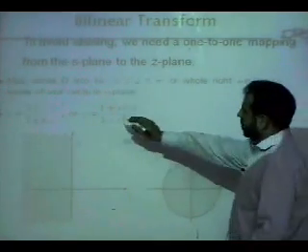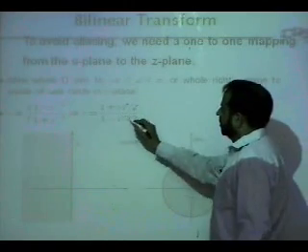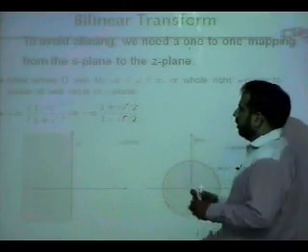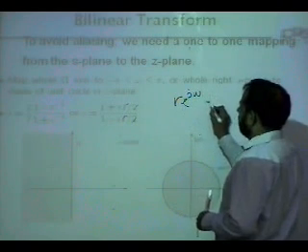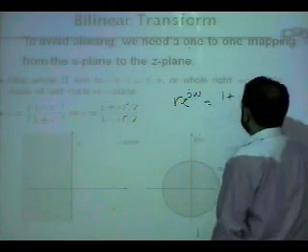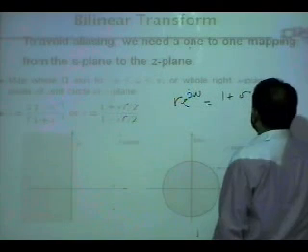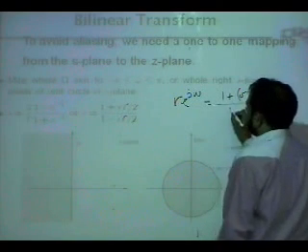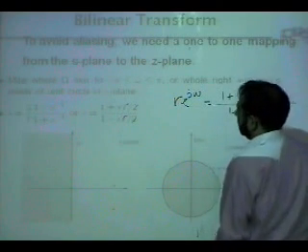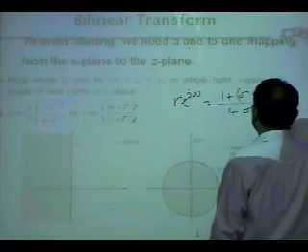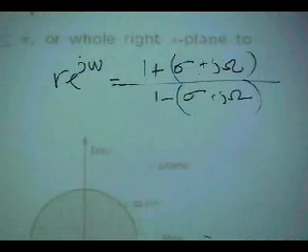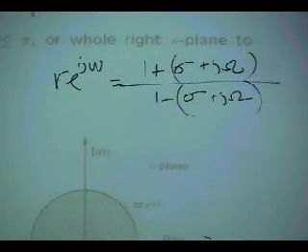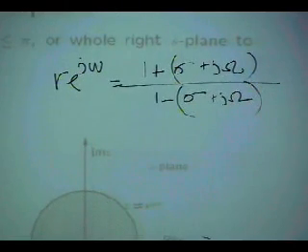So z, if you write z, and let's not worry about T. So what is z? z is r exponential j omega, and 1 plus s over 1 minus s, with s being sigma plus j omega. So this is what it is in s.